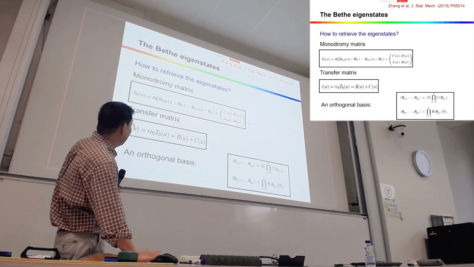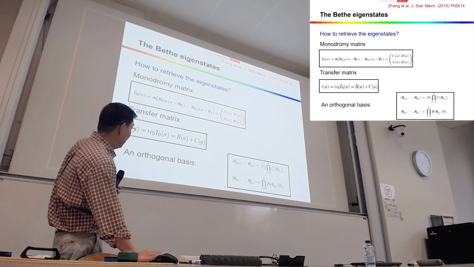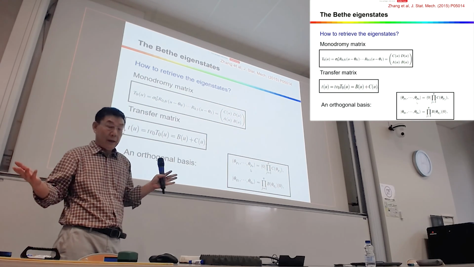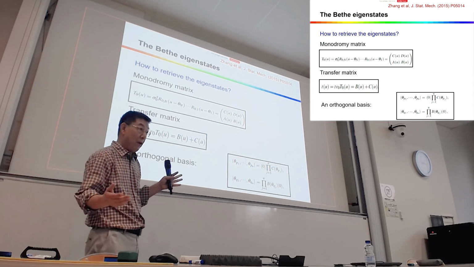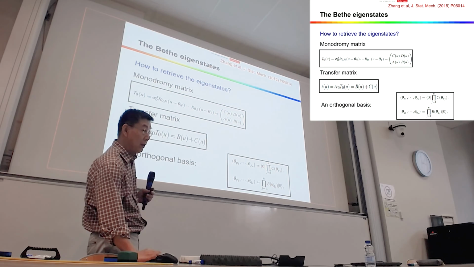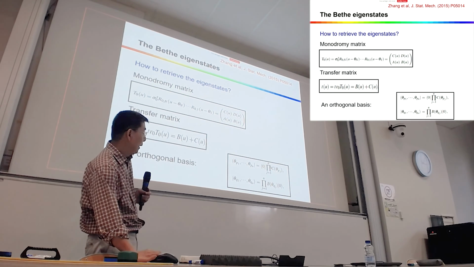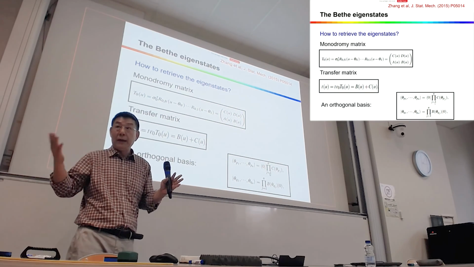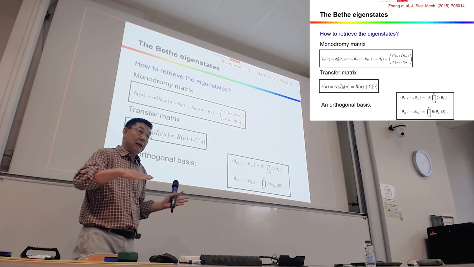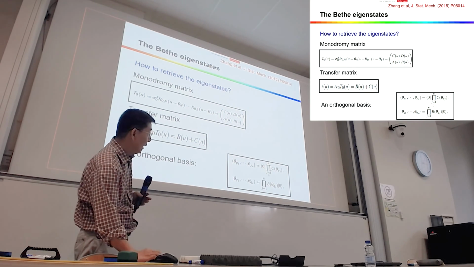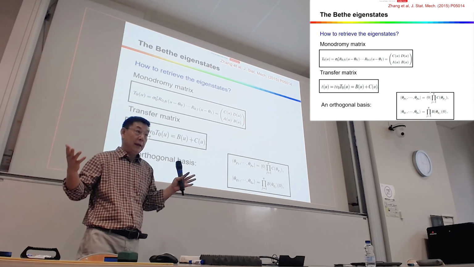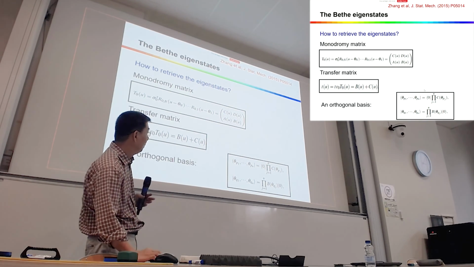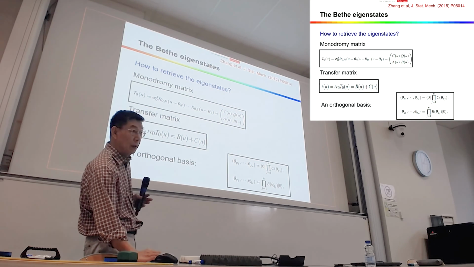The transfer matrix we know, and we can use the separation of variables to get an orthogonal basis. Here we define these 2 sets of bases, the right basis and the left basis. These 2 sets of bases are just eigenstates of the operator D(u).